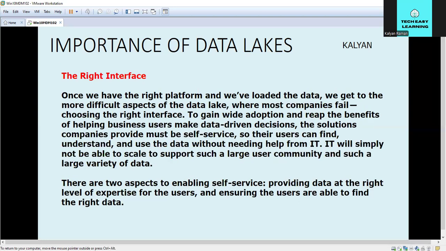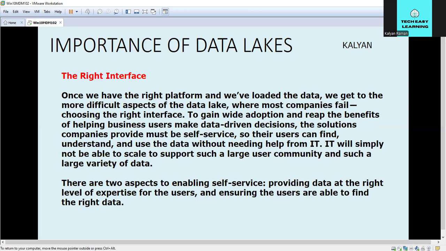Then the right interface you have to choose. We have loaded the data successfully. Then the difficult aspect is how to access it, where most companies fail.